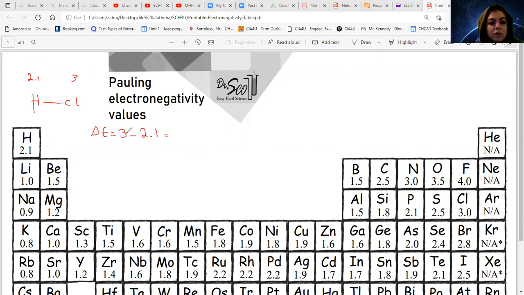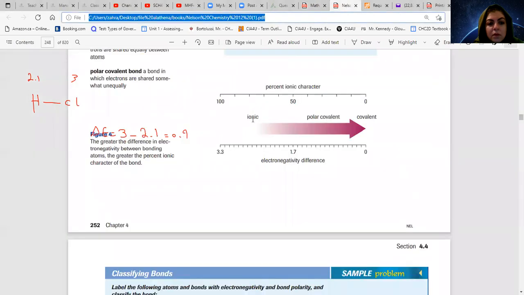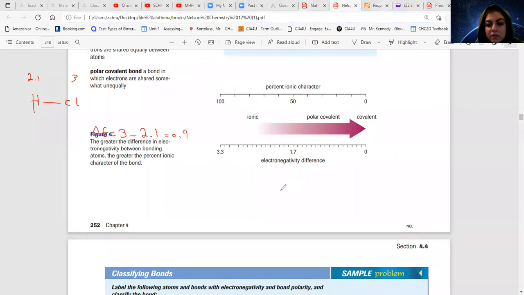So 0.9. Now the rule is this. If the difference between the electronegativity is between 0 to 0.4, the bond is non-polar covalent.